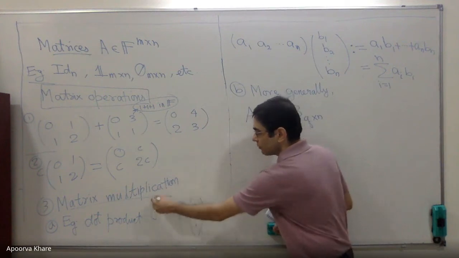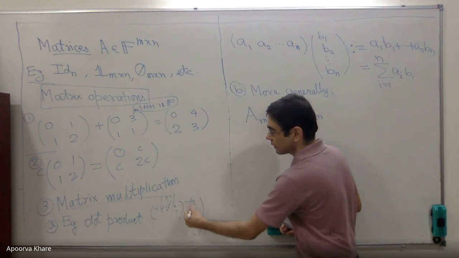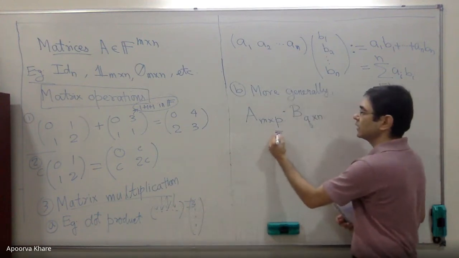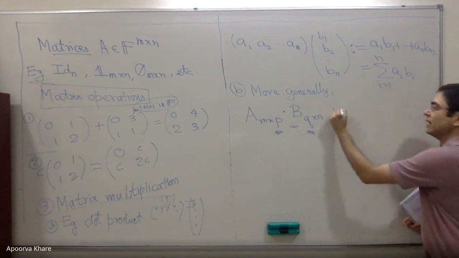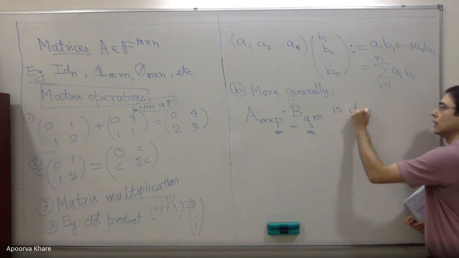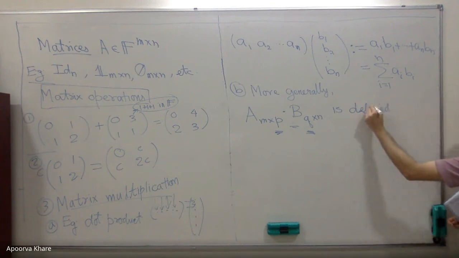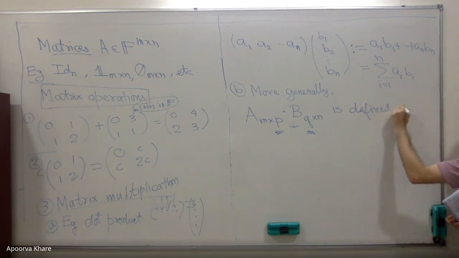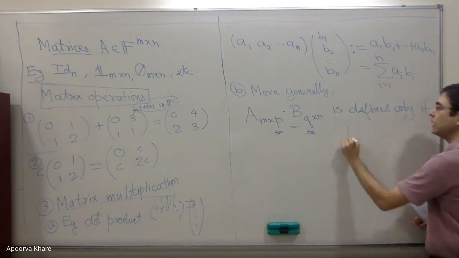It is precisely the number of columns. How many entries are there in a column? It's precisely the number of rows. So this number here must be equal to this number here. So this is defined only if p equals q.